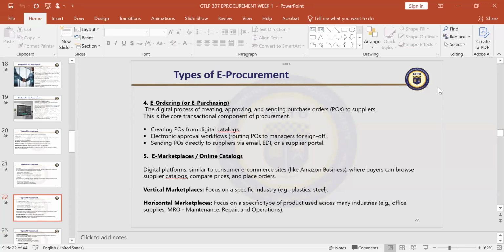A steel manufacturing company, or a company that produces cooking utensils, even though they buy from a vertical market, they as well go to a horizontal marketplace to buy their A4 sheets for their office duties and toners for their printers, right? And if they have a fleet of vehicles, they buy vehicle parts or computer parts to service their vehicles or their computers. So a horizontal market focuses on a specific type of product used across many industries.